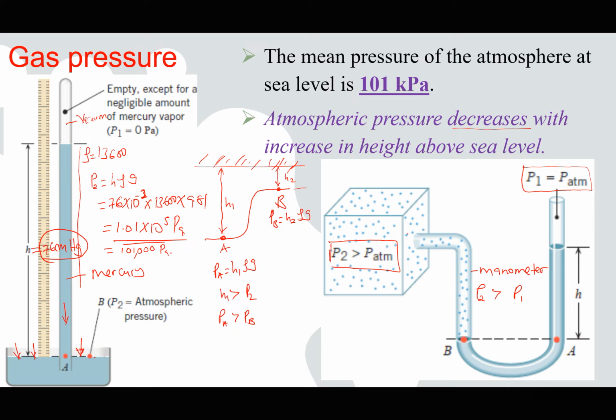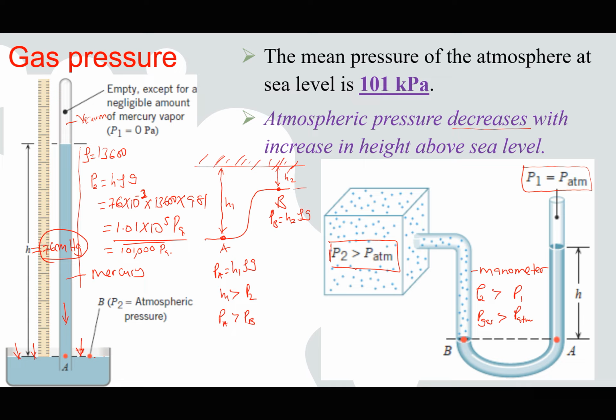The gas on the left-hand side is pushing the liquid in the manometer to rise towards the end of the atmosphere, towards the end of the atmospheric pressure, which means the pressure of the gas is greater than the pressure of the atmosphere, or the atmospheric pressure. If the liquid column on the left-hand side was to be higher than the liquid column on the right-hand side, then we would say the atmospheric pressure is greater than the pressure of the gas. But this time, it is not the case.